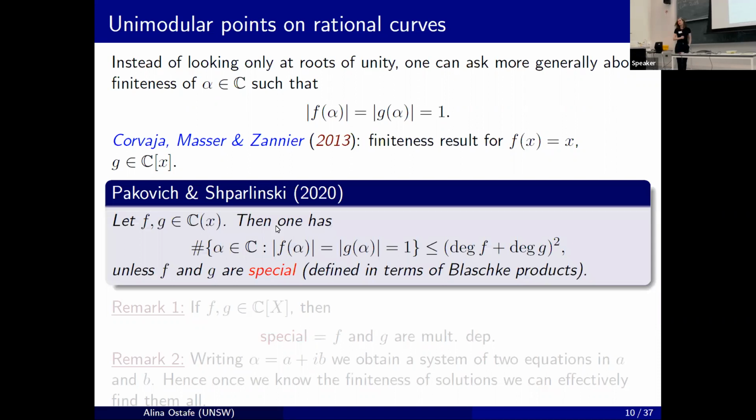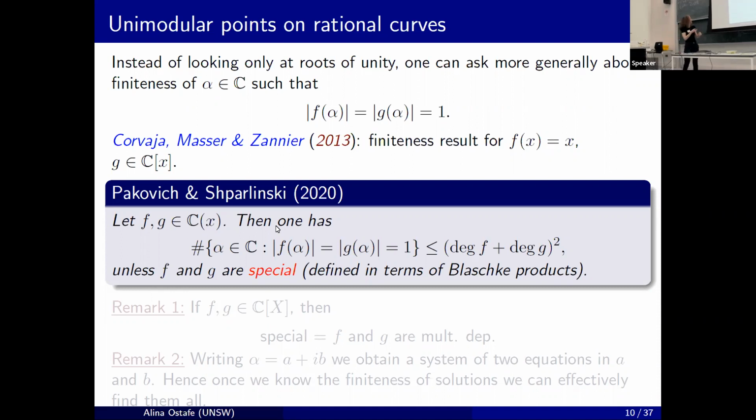And recently, Pakovich and Shparlinski generalized this result to rational functions, and the result says that let f, g be rational functions, then the set of alpha complex numbers such that f of alpha and g of alpha are of absolute value 1 is a finite set, and its cardinality is at most degree of f plus degree of g squared, unless there is a reason why this is not the case.